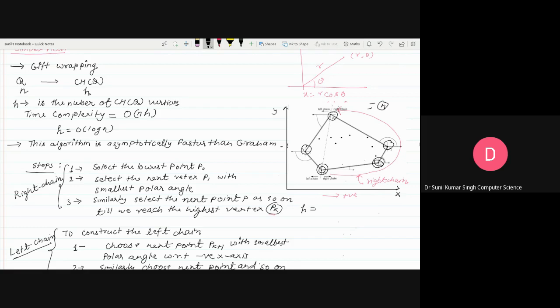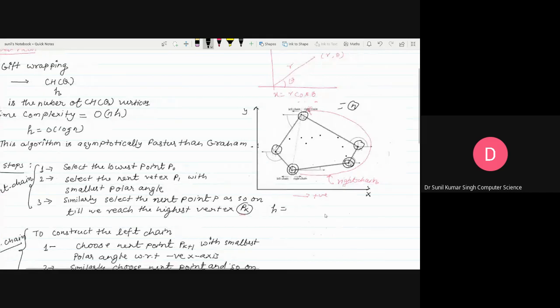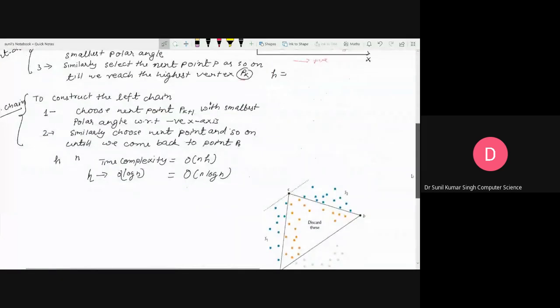Although you have seen the Graham-Scan algorithm's complexity is also order of n log n, right? Then what is the meaning of this algorithm being asymptotically faster than Graham-Scan? Can anybody tell what is the meaning of it?